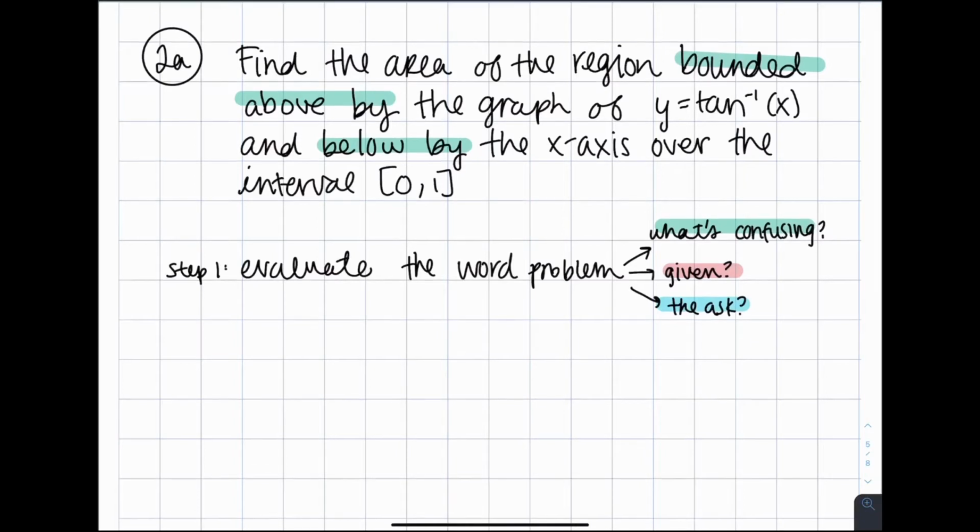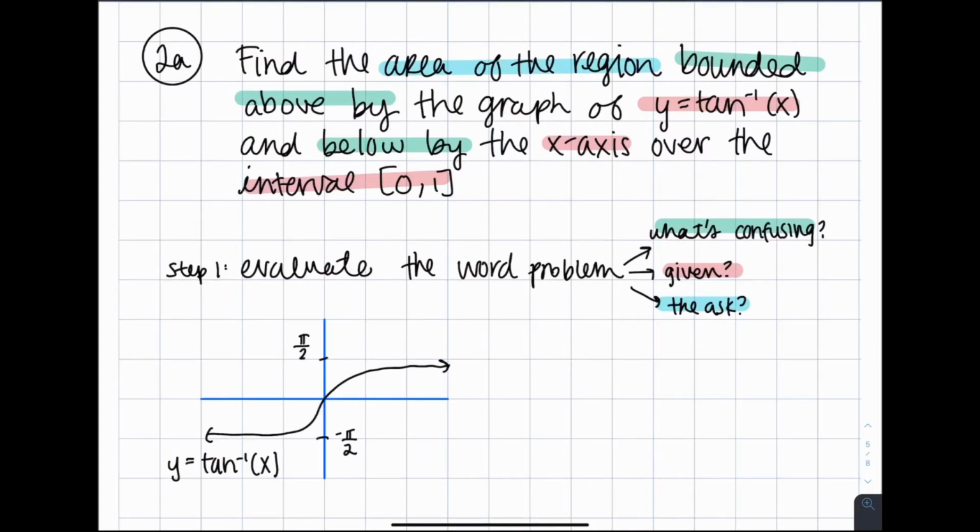When it comes to the given, the boundaries are given as an inverse of tangent, x-axis, and we're given a closed interval. And finally, we are being asked to find the area bounded by these boundaries. So if for some reason we misread what's highlighted in green, maybe it's that by that might be confusing us. So what I would recommend is graphing.